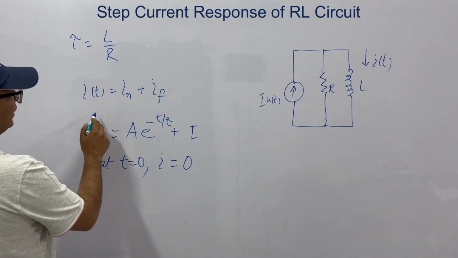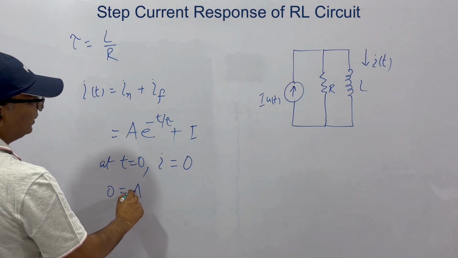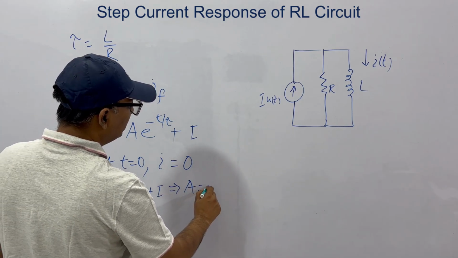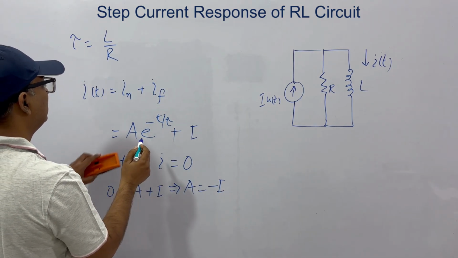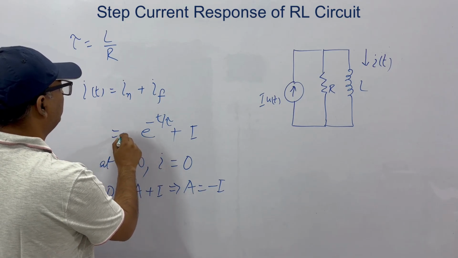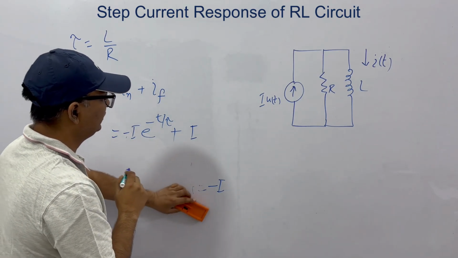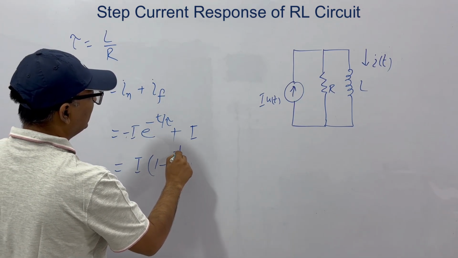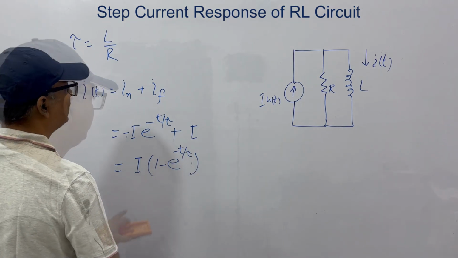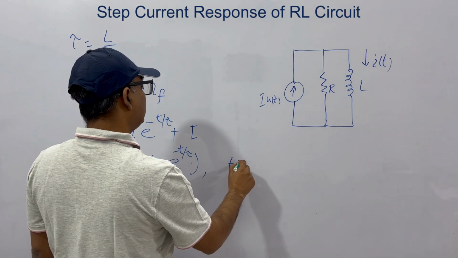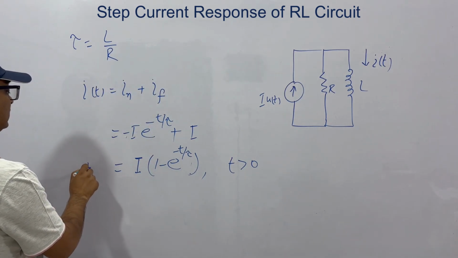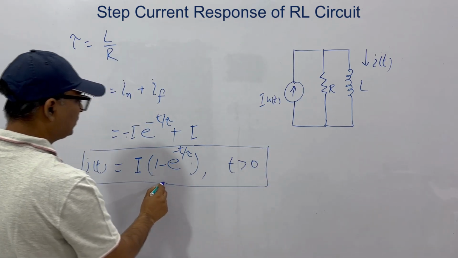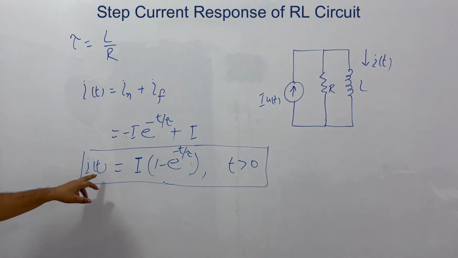If you put it here, this becomes 0 equals A plus I. From here you get A equal to minus I. So you put minus I here, and finally the equation that you get is i(t) equals I times (1 minus e to the power minus t by tau). This is undoubtedly for t greater than 0. So our equation for the current through the inductor, when we have a step input current source, is this.